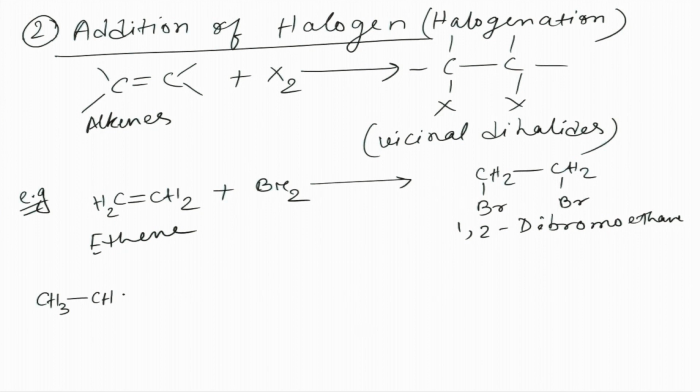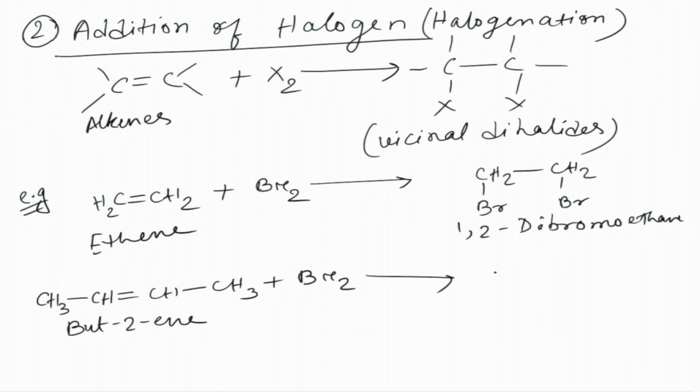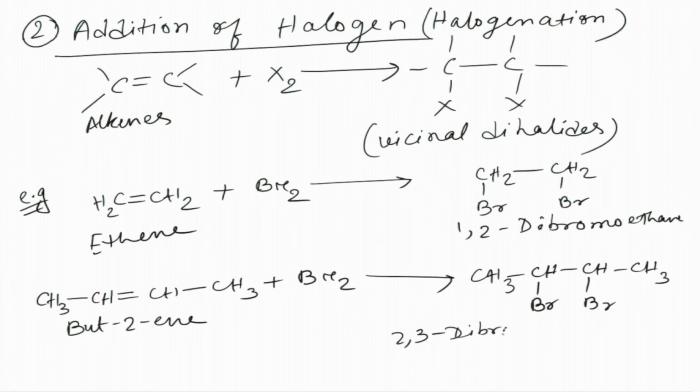Now, if we take 2-butene, and it reacts with bromine, we get 2,3-dibromobutane. Okay.